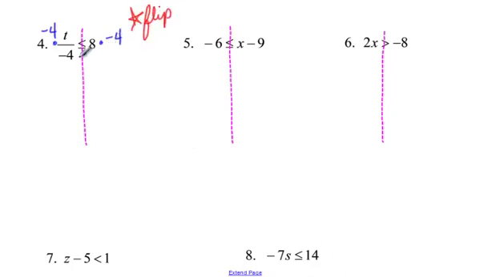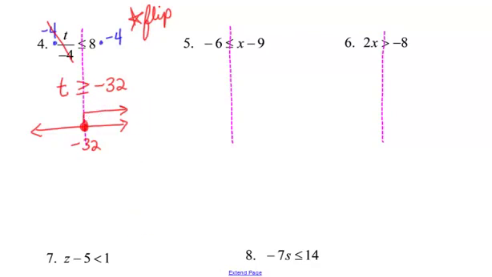So because I multiplied by a negative, we have to flip that sign over and make it a greater than or equal to. Those are going to go away. We're going to be t is greater than or equal to -32. So be really careful whenever you multiply or divide by a negative, you need to flip the sign. And our t is anything greater than -32, so we're going to shade to the right or put your arrow to the right.